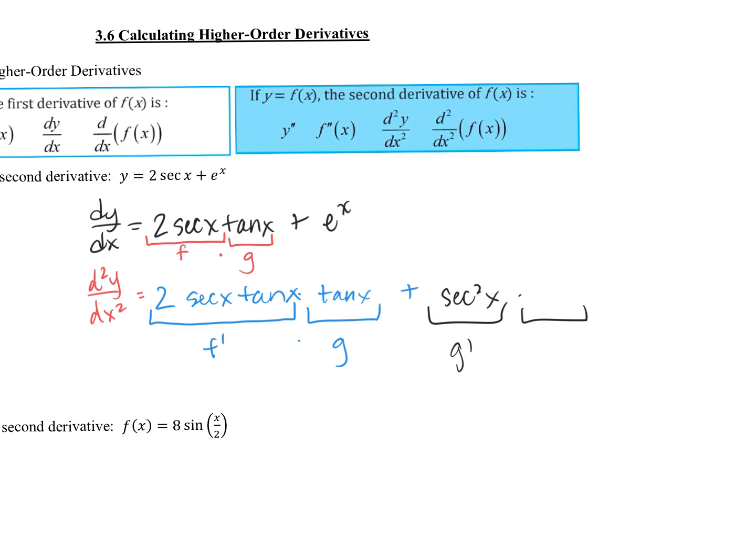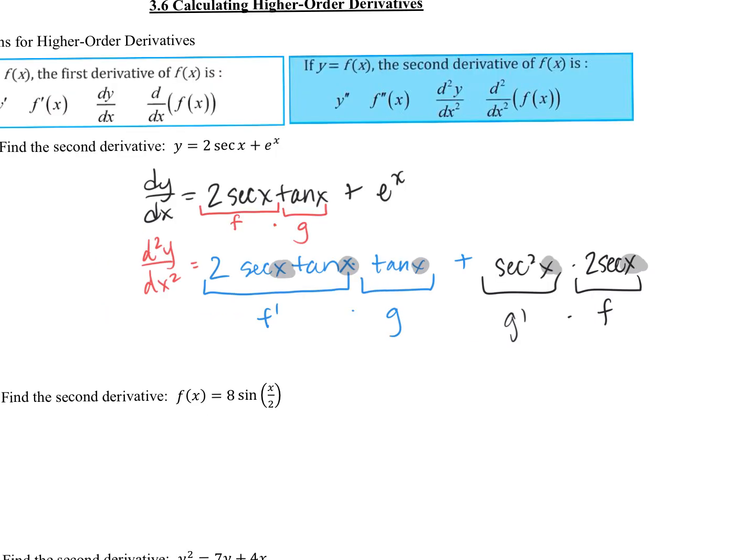And then we got to multiply that by f, which was 2 secant of x. And don't be forgetting those x's. These x's are muy importante. We got to do the derivative of e to the x again. What's that going to get me? E to the x. So yeah, we had to remember, take the derivative of that e to the x again.